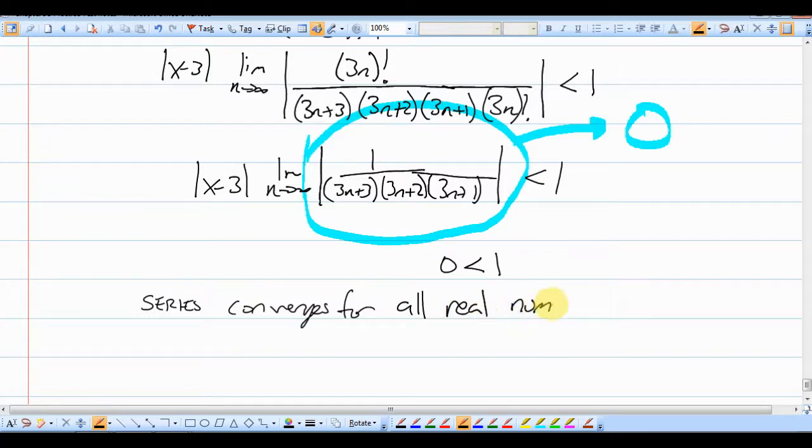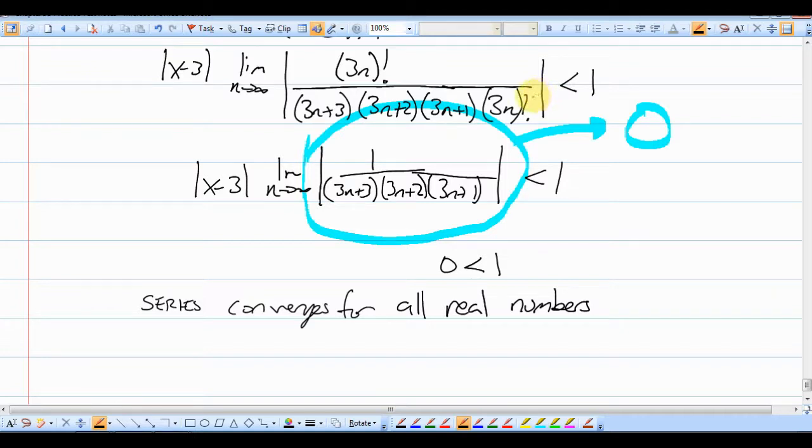What would be an example where it would be less than 1? I can't think of one that doesn't go to 0. Yeah. I mean, all the x's would have to cancel out, and that's not likely to happen. How did you break up the denominator, like 3n plus 3, 3n plus 2, 3n plus 1, and 3n factorial? I need to do that so I can cancel out the 3n factorials. Oh, okay.